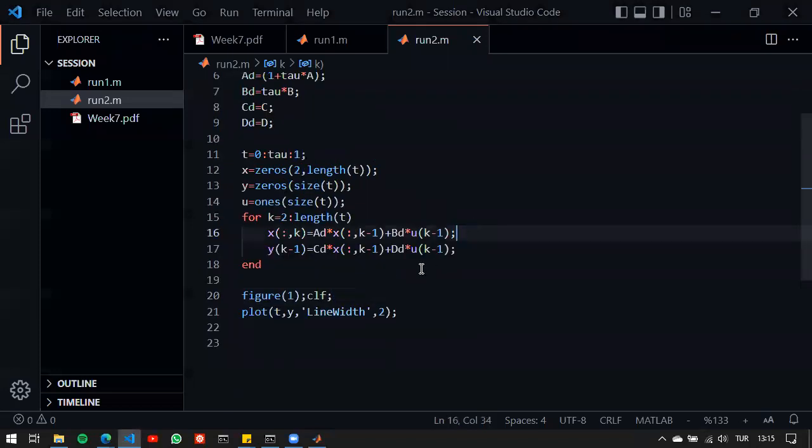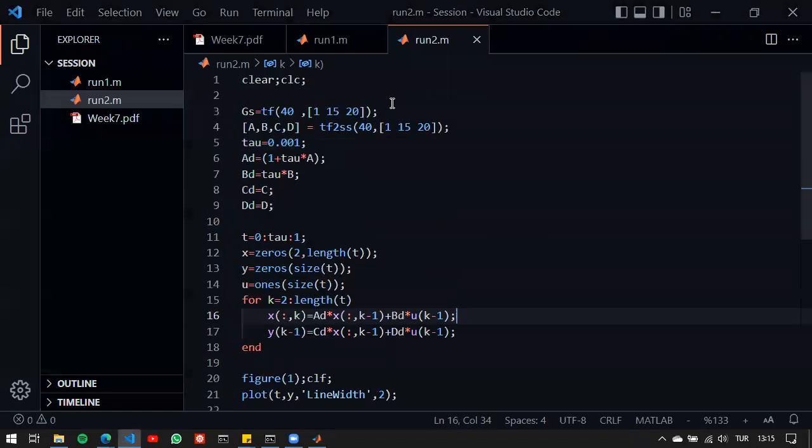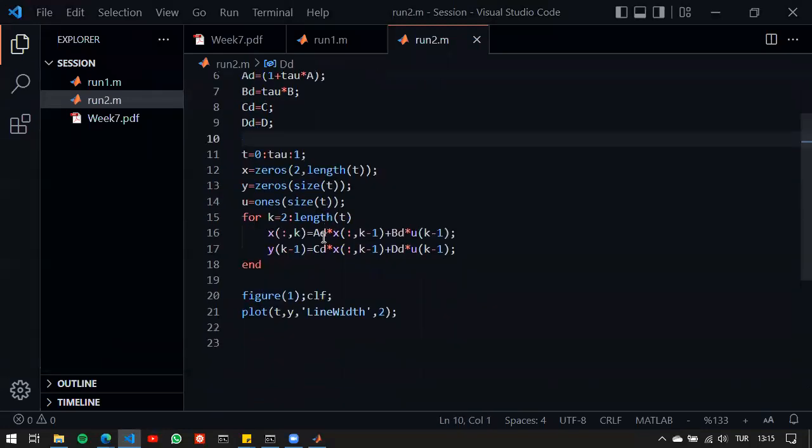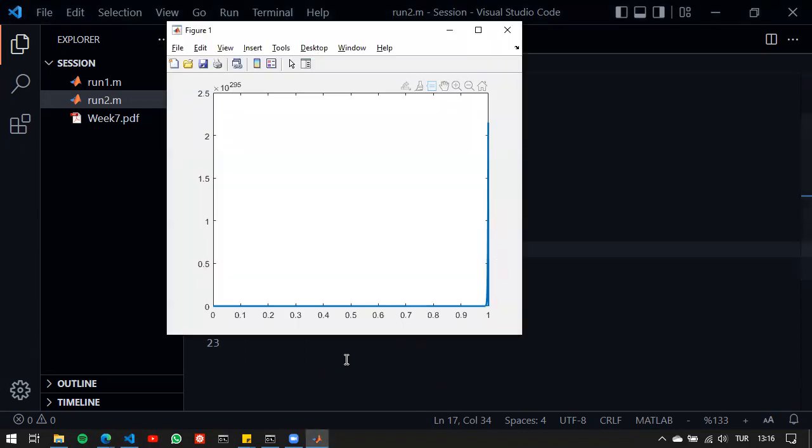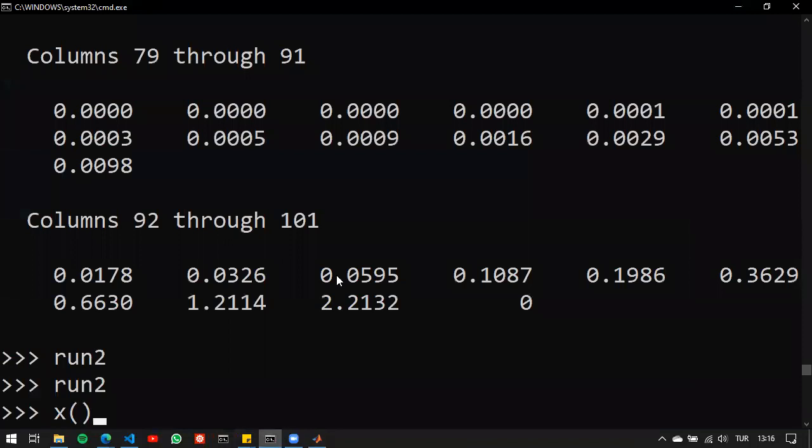Now, what else could it be? Let's see, times B, AD, K minus 1, UK minus 1, is equal to K1. Let's see.